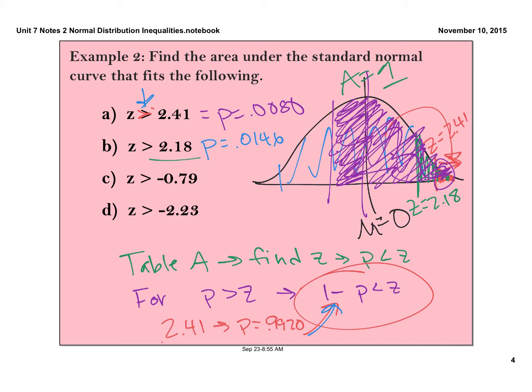So if I put that into my table, I get 21%, that's over here to the left, but then I have to take 1 minus that and see what's above it. I get 0.7852. So probability is 0.7852. And then negative 2.23 is way down here.